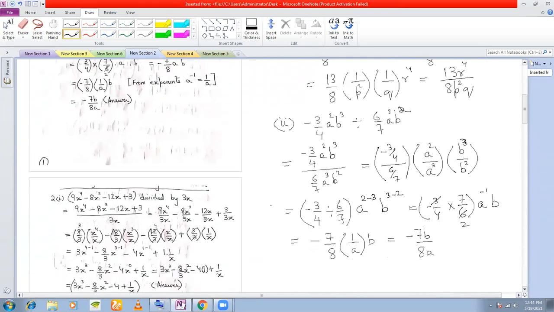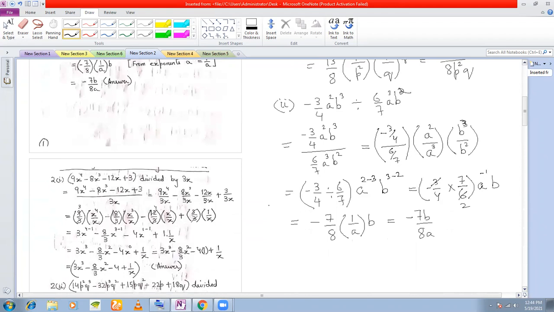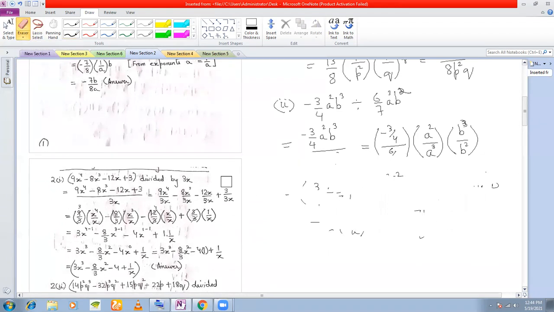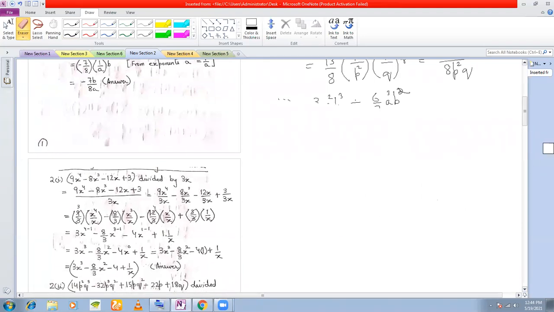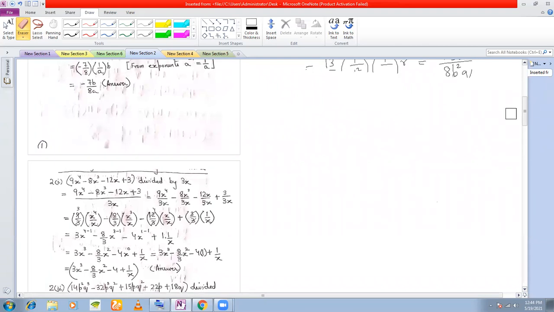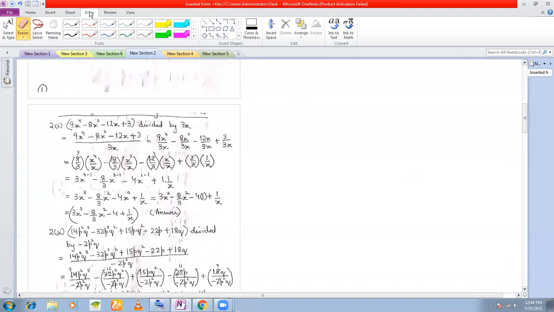Moving on to the next one, that is division of a polynomial by a monomial. Okay. Question number 2-1. Write the question here. 2-1 and 2-2. Okay.